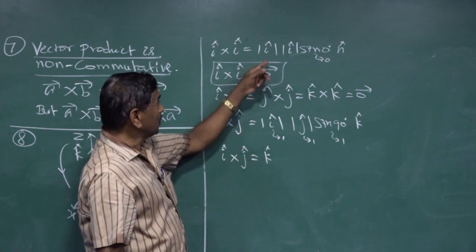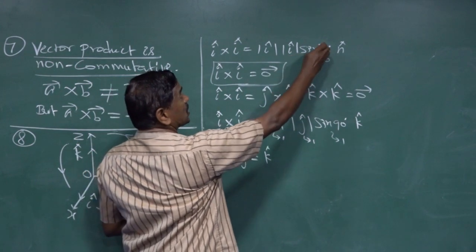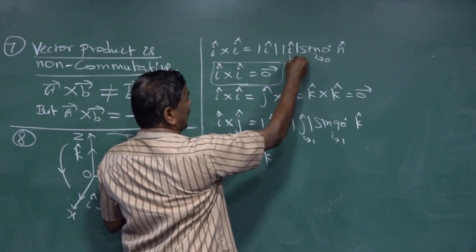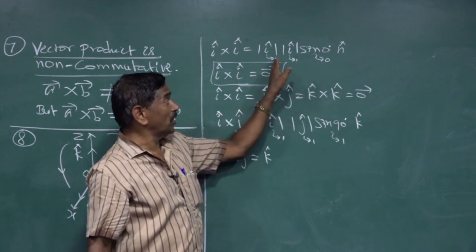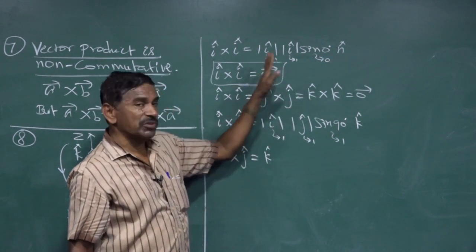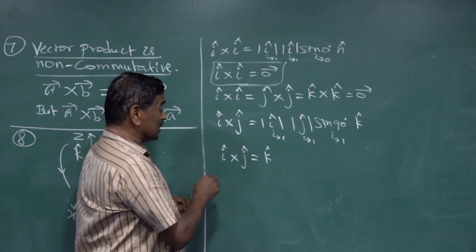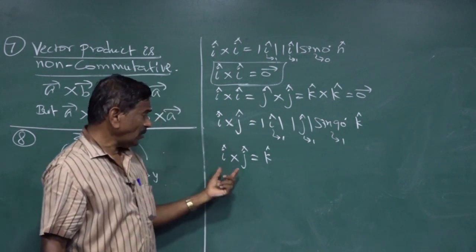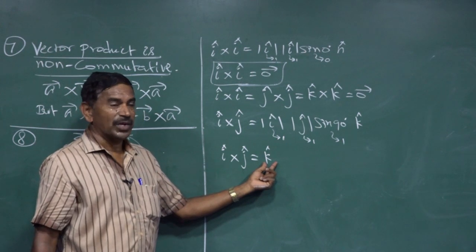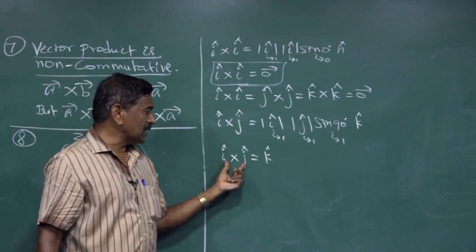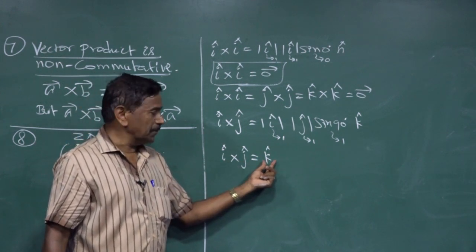And in the earlier case, sin 0 is 0, and modulus i cap is 1, modulus i cap is 1, so 0 into 1 into 1, 0 into anything is 0, so that is a 0 vector. Now listen to the technique. Here i j are present, the absent one will be the answer. That is the technique. i j present, so the absent k is the answer.